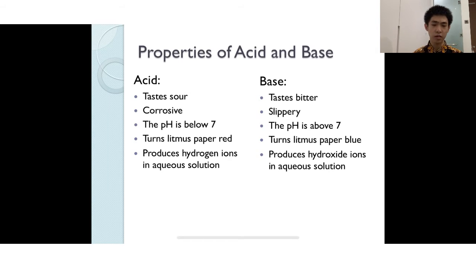While base, it tastes bitter. It is slippery. The pH is above 7. Base turns litmus paper blue, and it produces hydroxide ions in aqueous solutions.